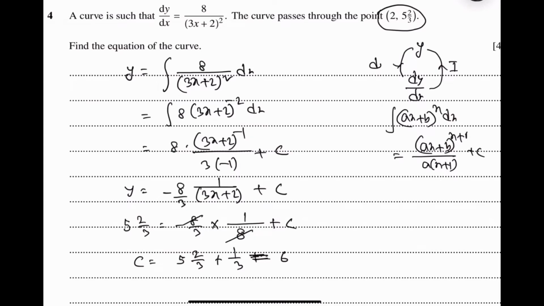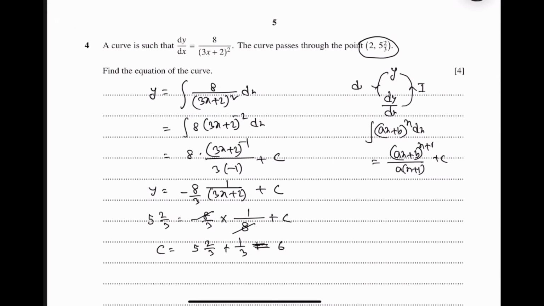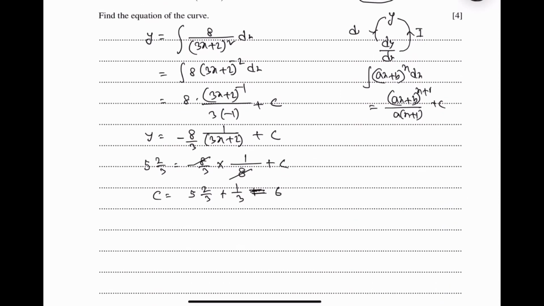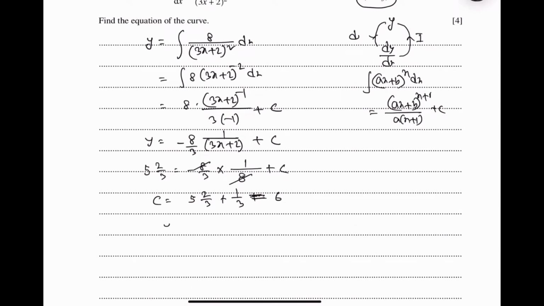So the equation of the curve will be y equals minus 8 over 3(3x plus 2), plus 6. So this is the final answer.